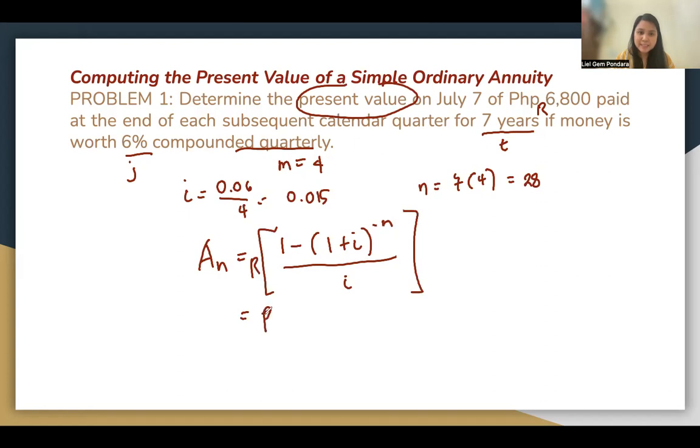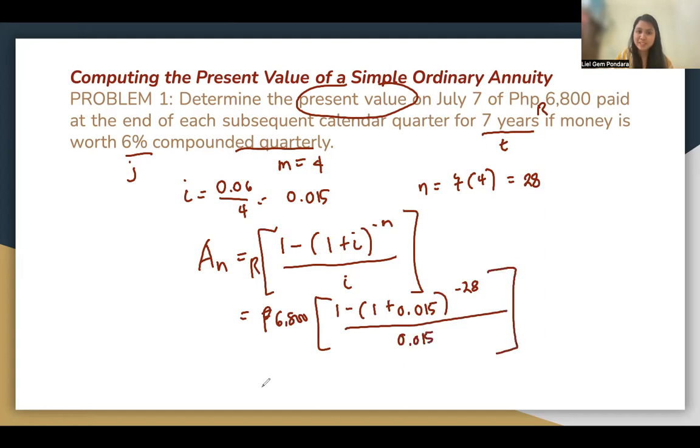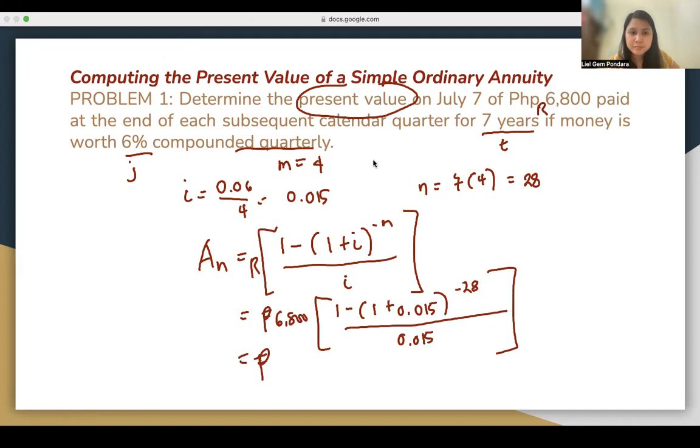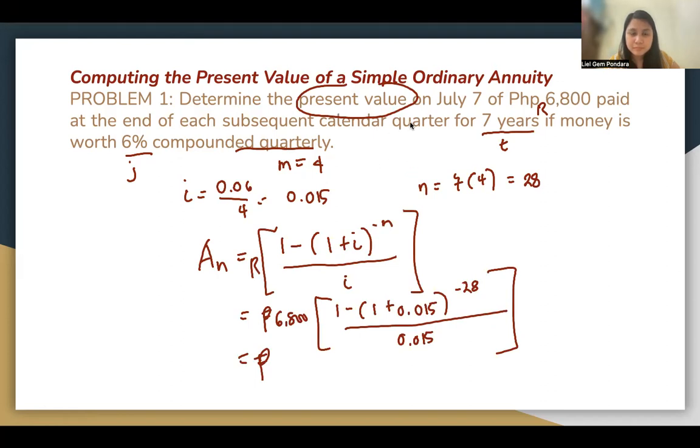Our R is 6,800 times 1 minus 1 plus 0.015 to the power of negative 28, over 0.015. What's the answer? What's the present value?